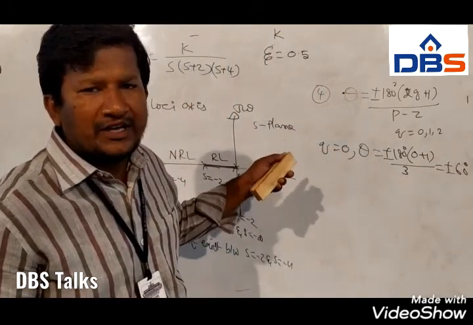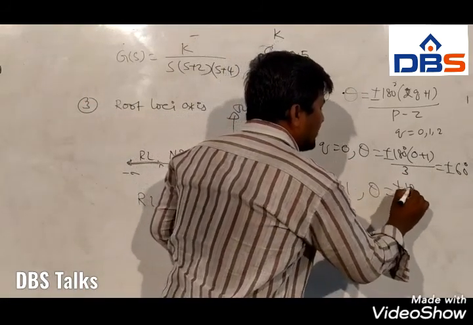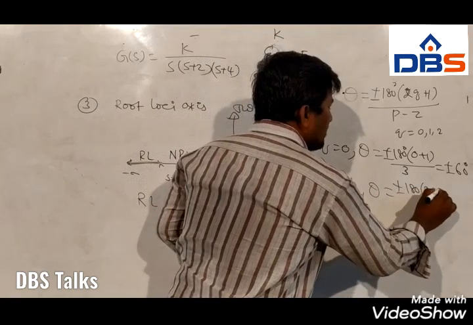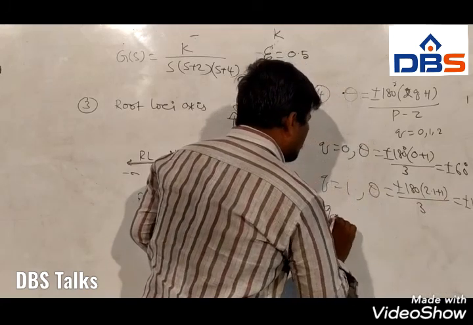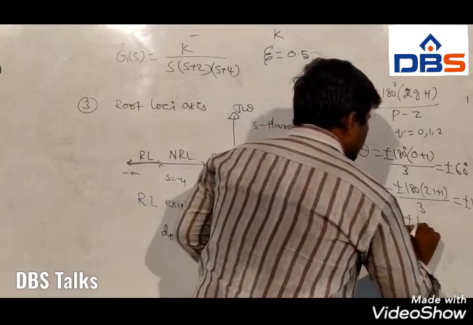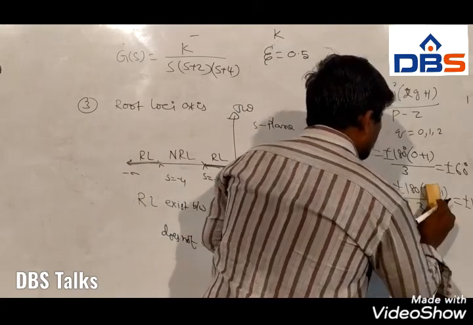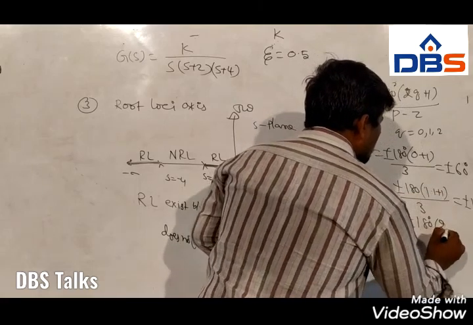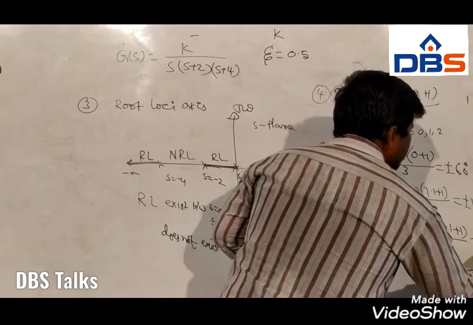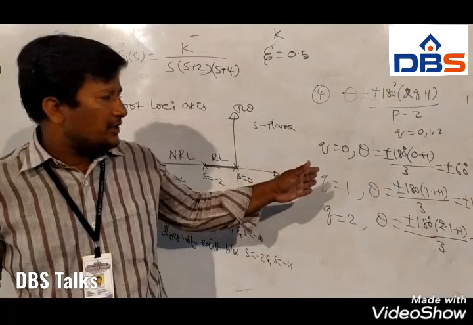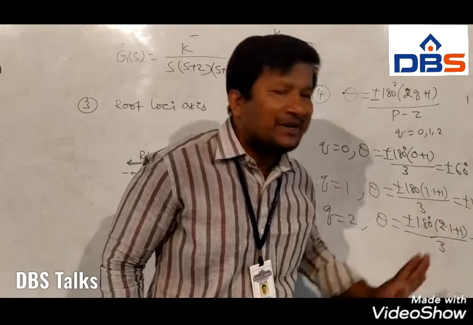Now put q equal to 1: theta equal to plus or minus 180 degrees into (2 into 1 plus 1) divided by 3, that is equal to plus or minus 180 degrees. In a similar manner, q equal to 2: theta equal to plus or minus 180 degrees into (2 into 2 plus 1) divided by 3, that is equal to plus or minus 300 degrees. So the angles of asymptotes are plus or minus 60 degrees, plus or minus 180 degrees, and plus or minus 300 degrees.